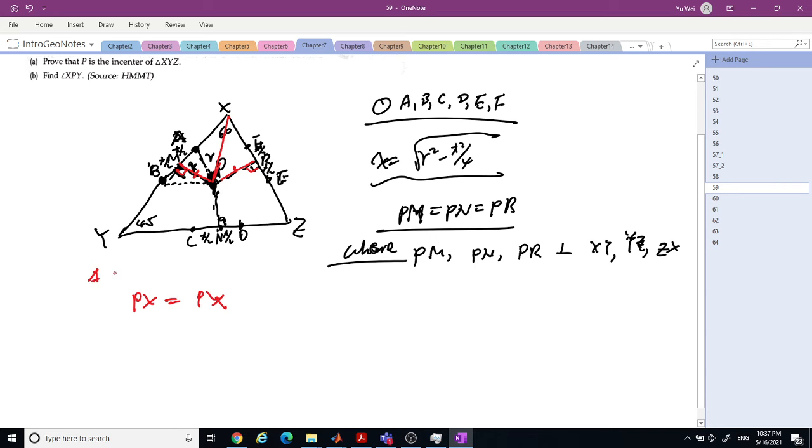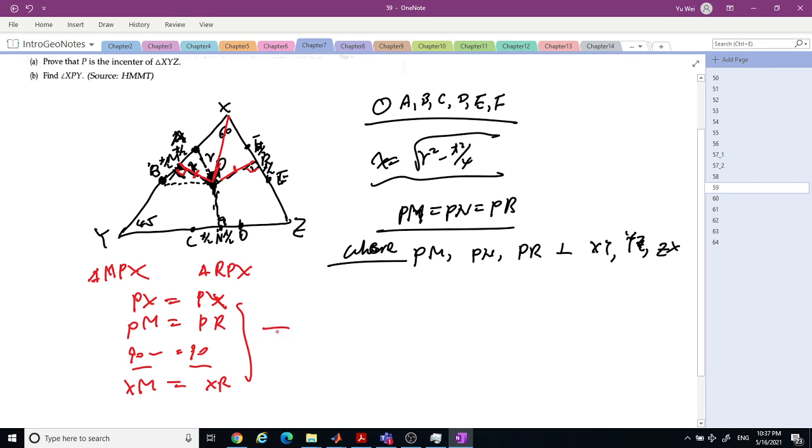Let's write triangle MPX and triangle RPX, right? PX equals PX, PM equals PR, right? And the 90 degrees is equal to the 90 degrees. This means XM is also equal to XR. So according to SSS, these two triangles are congruent.